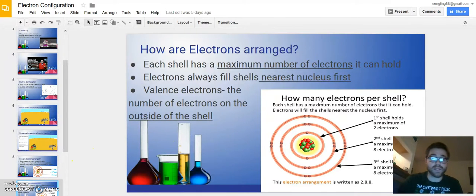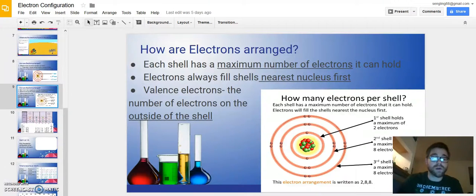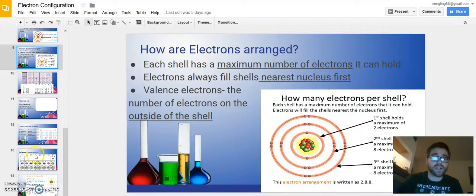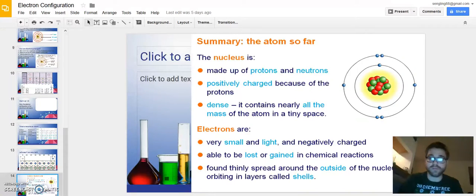All right, let's keep going. I want to look at least one more electron configuration before we move on, okay? For these electron configurations, remember you always want to write the number of protons in the middle first.